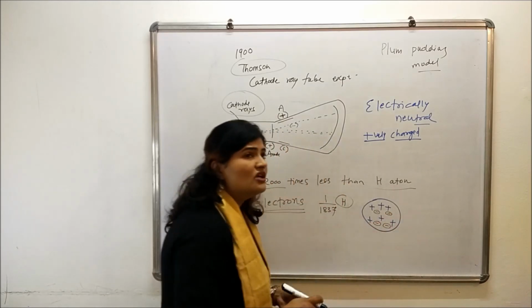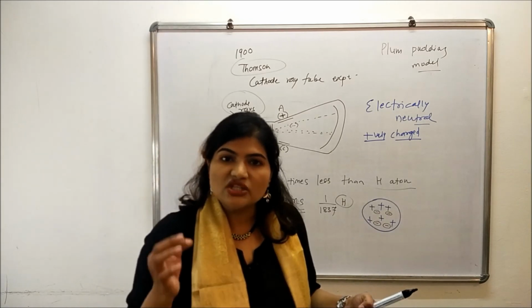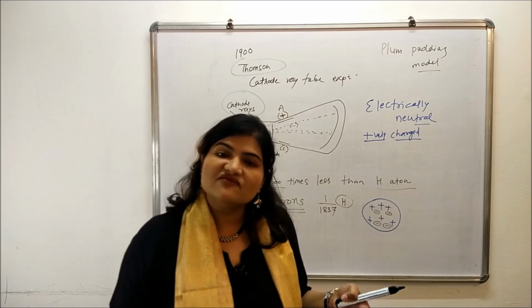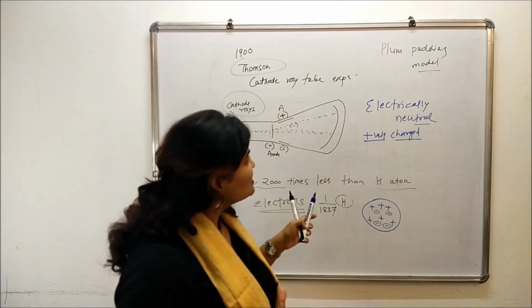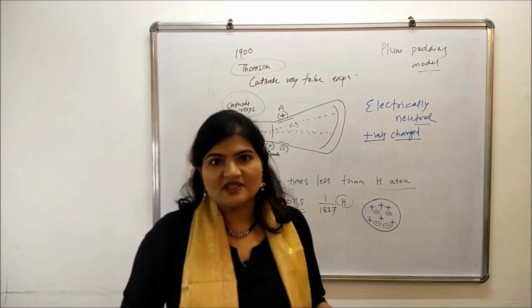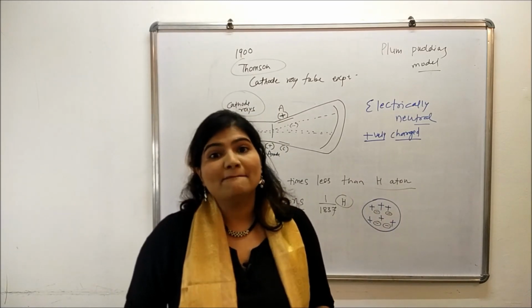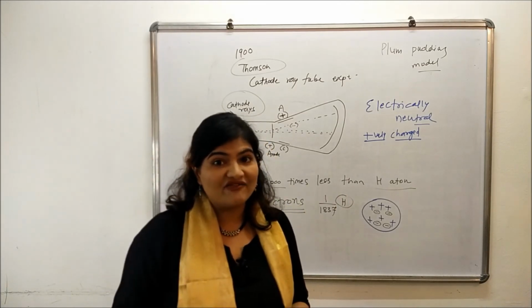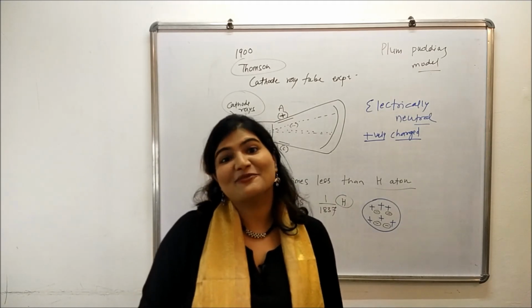Or you can also refer to this as a soup of positive charge in which negatively charged electrons are floating, or a sea of positive charge in which negatively charged electrons are floating. So this model given by Thomson was the first ever model of atomic structure, called the plum pudding model. Now there are multiple developments after this, but we will discuss those developments, Rutherford's model and Bohr's model, in the upcoming videos.